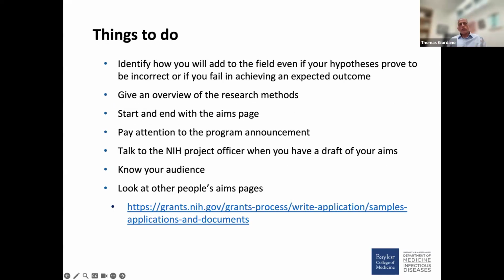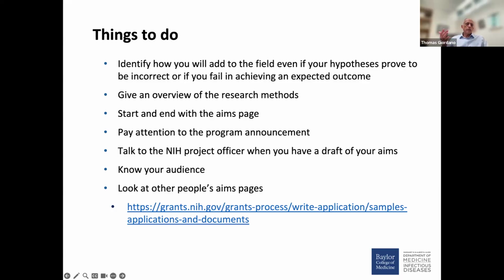So here's something you can do. As I alluded to in the previous slide, identify how this work is going to add to the field, even if your hypotheses prove to be incorrect or not supported by the data. It's usually not that hard.